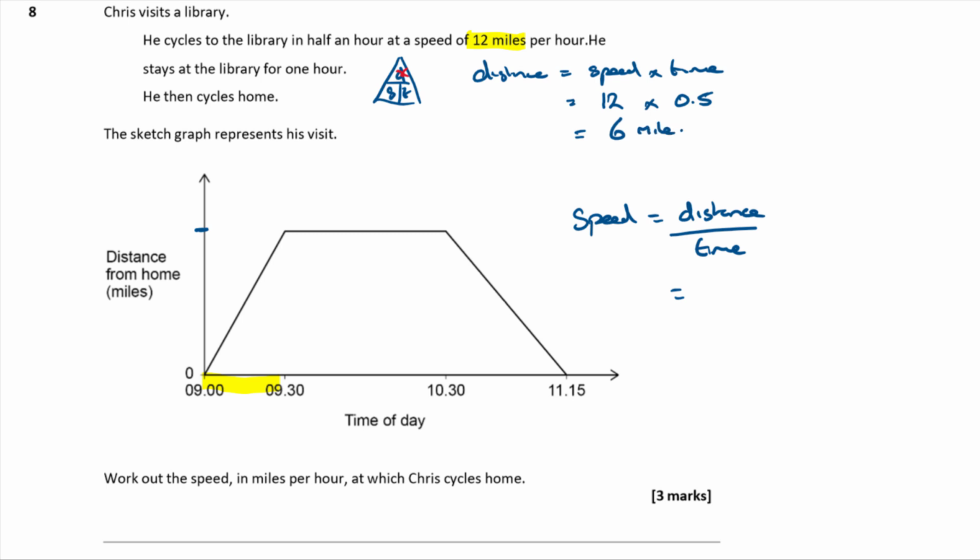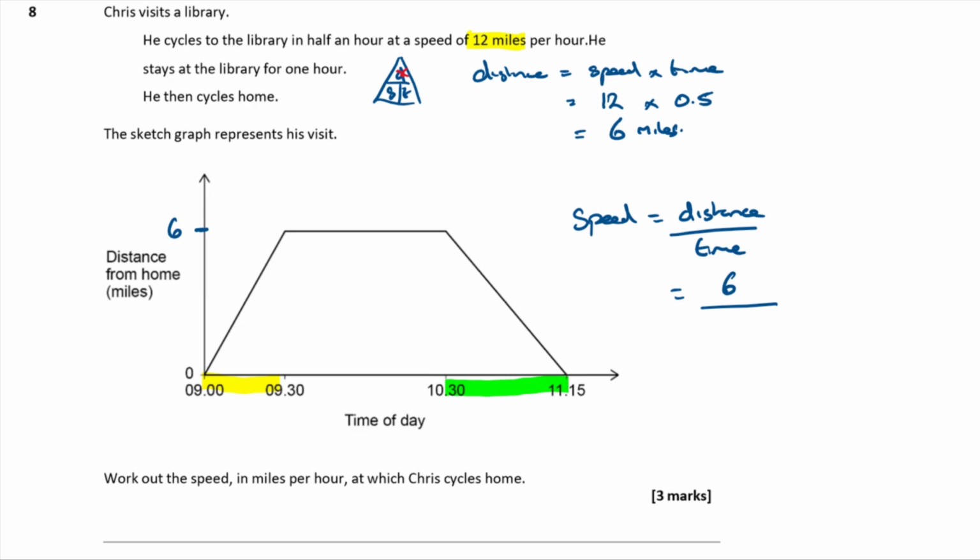Okay, so now we know that's 6, so we can then move on to the second calculation to work out his speed on the way home. We know that he's traveling 6 miles. How long did it take him on the way home? You can see on the way home he set off at 10:30 and came home at 11:15, which is what, 45 minutes, which as a fraction of an hour is 3/4 of an hour.